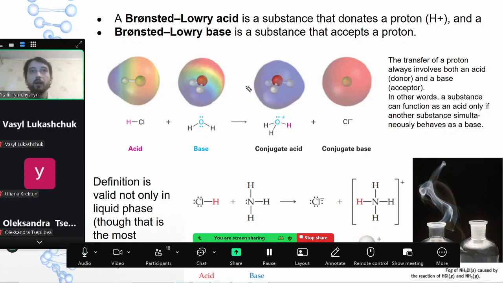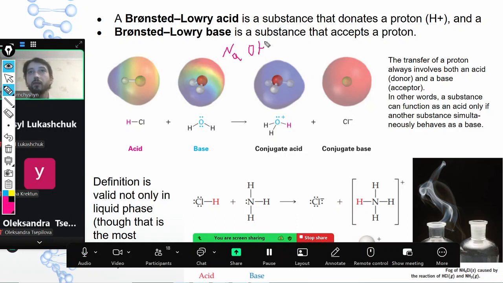If by Arrhenius you considered sodium OH as a base, by Brønsted-Lowry that will not be a base. But OH minus by Brønsted-Lowry will be a base, while sodium plus is just some sort of spectator ion, so it's not really capable of doing something interesting.